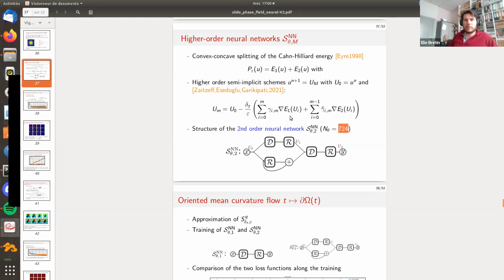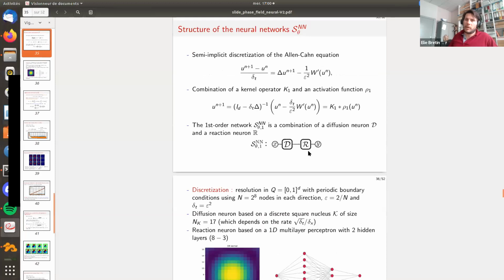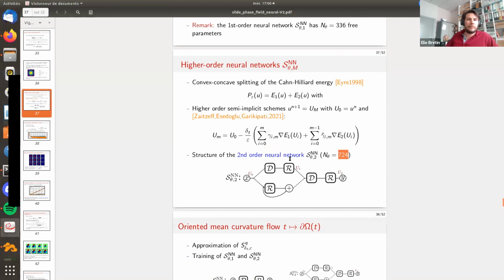Okay, so I know that here we have an error in delta t square with capital M equal to 2. Then using this, we know that we cannot do better than an error in delta t. So in a certain sense, using this neural network should be interesting if you want to use larger delta t. I see. So it can be interesting.